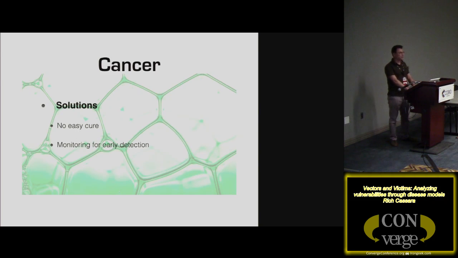And as I said before, monitoring. The more you can monitor the things coming in and going out of your networks, the better your chances are of detecting it early on and cutting it off before it's too late.